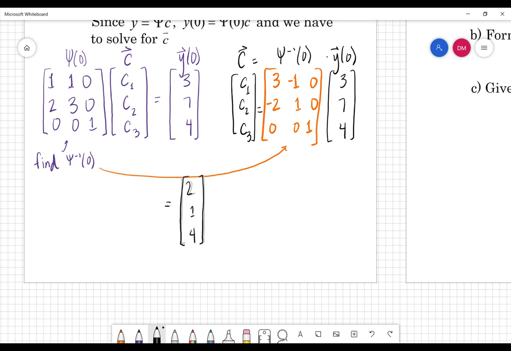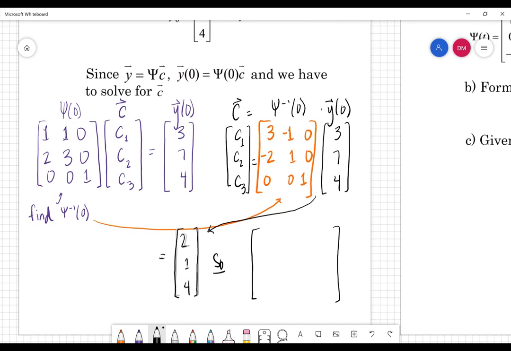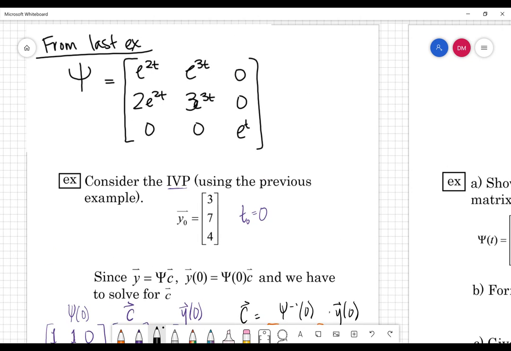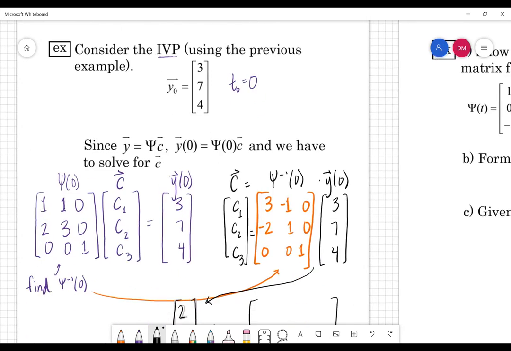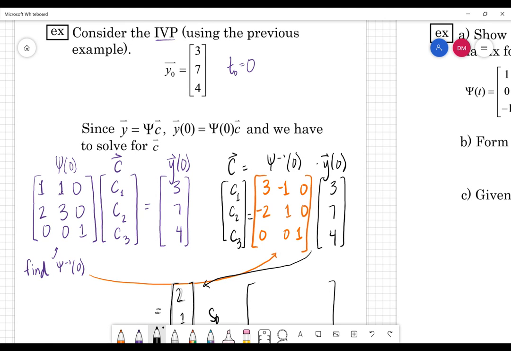This is the result of my matrix multiplication right here. But this gives us our final solution. We have to go back and write this out in terms of our matrix. That is the part that I actually didn't write down.